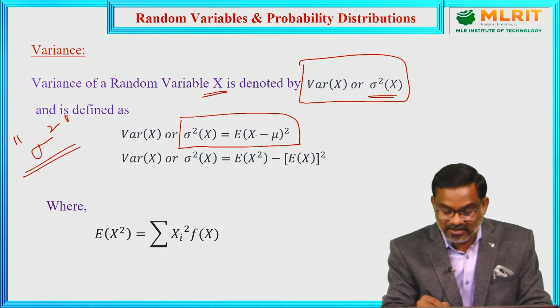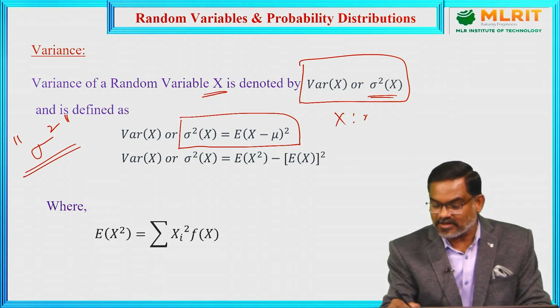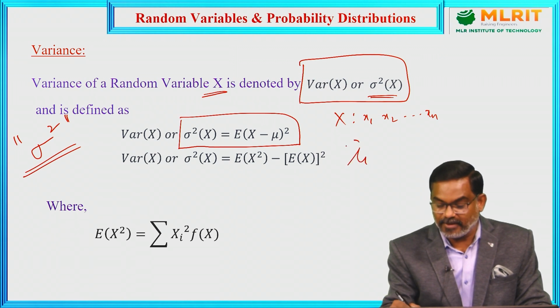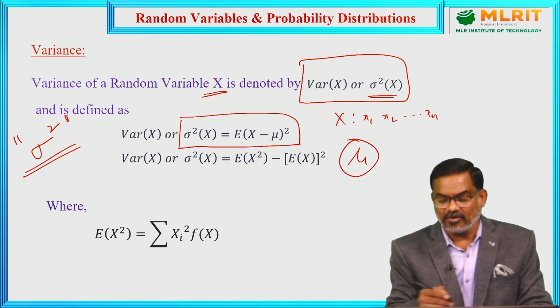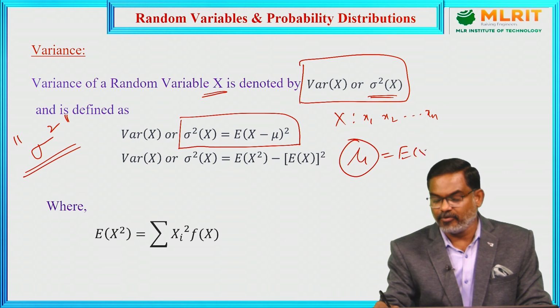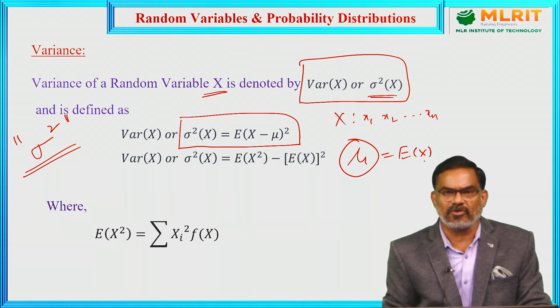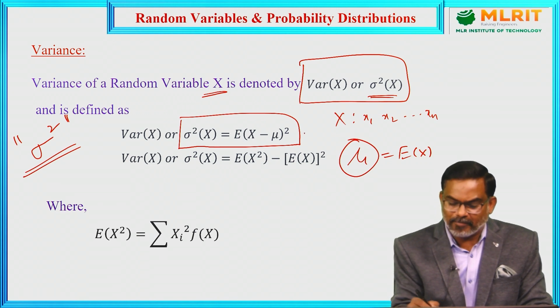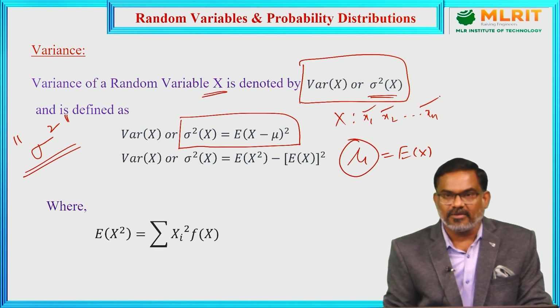That means here x has some values, for example x1, x2, etc. up to xn, and we can find the mean of the distribution. Just now we defined the expectation; mu is nothing but expectation of x. Let us calculate that mu and subtract that mu from each and every individual x value.